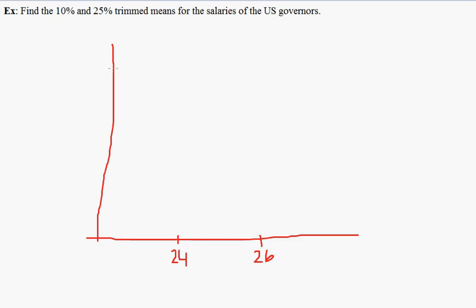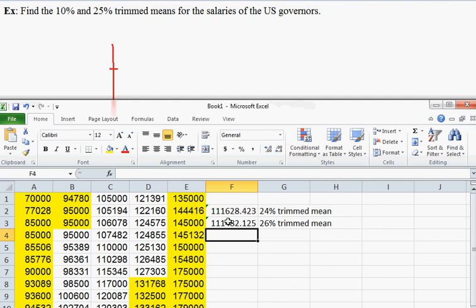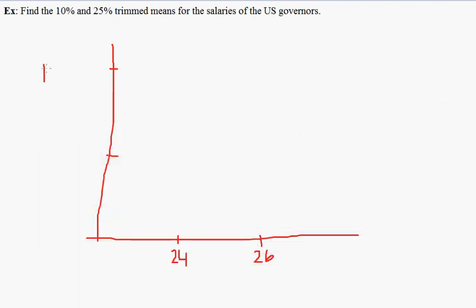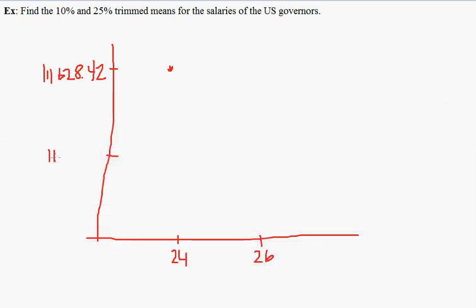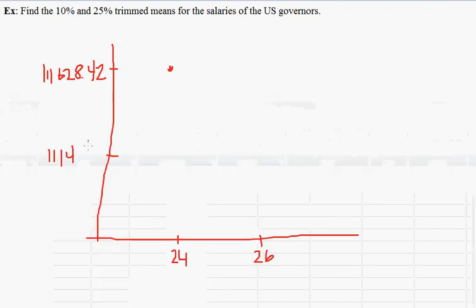The first number I had was 111,628 and 42 cents. So that's this point. And the other point was 111,482 and 13 cents.